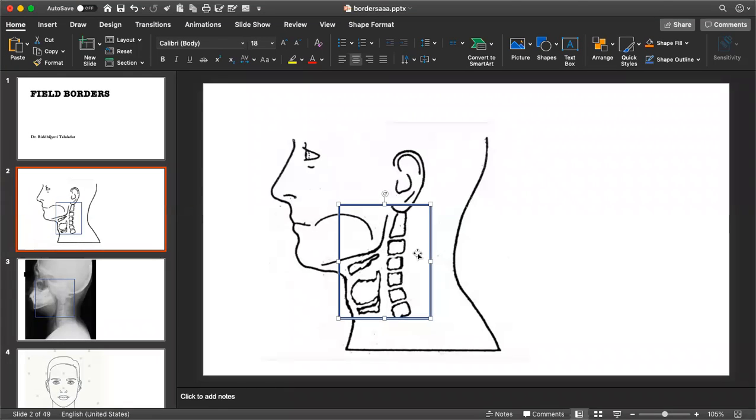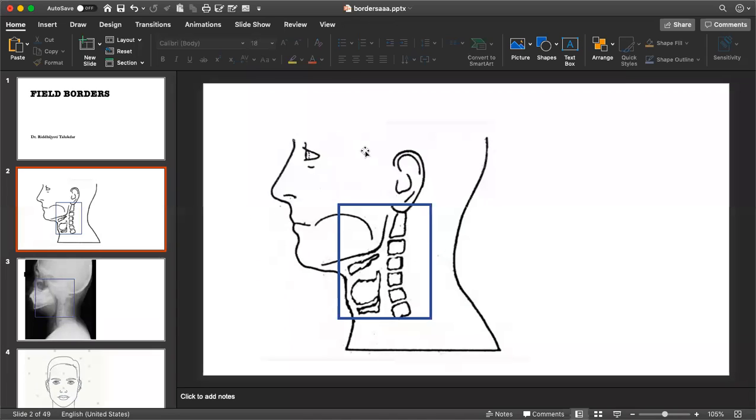2:1 weighted opposing lateral fields. So you will be using bilateral opposing fields, but with the weightage in the ratio of 2:1.